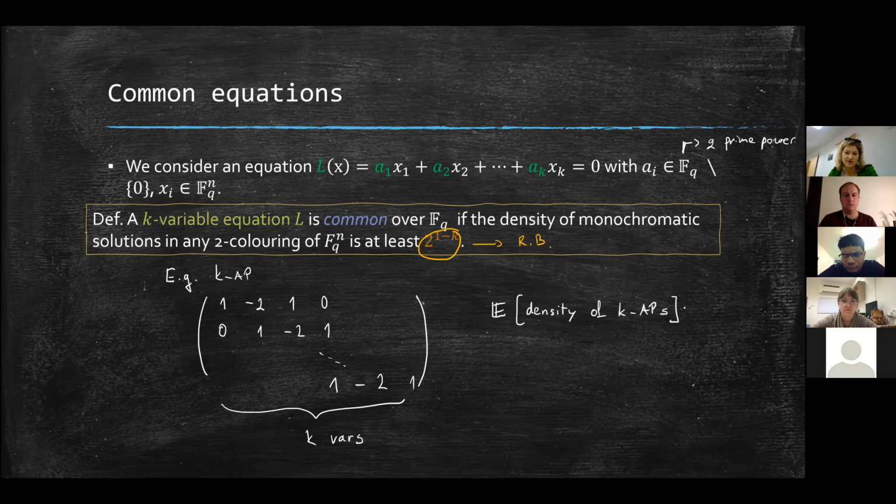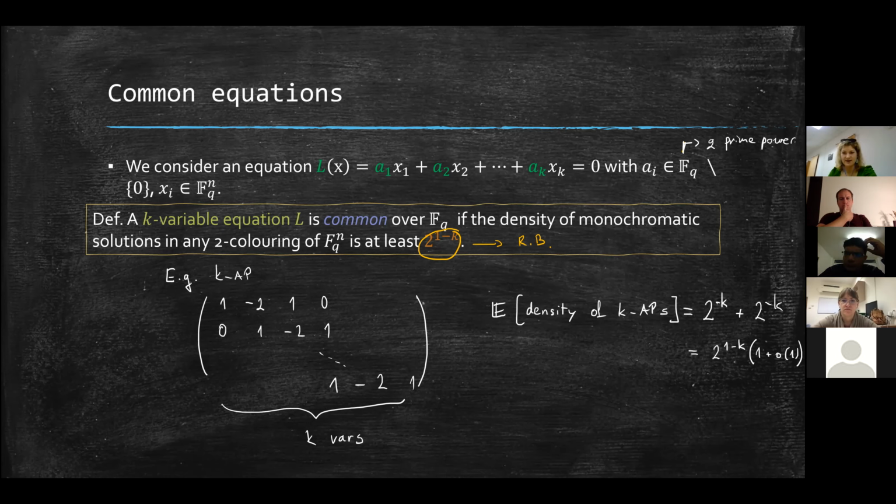So it's just the way we had it with graphs. For each fixed k-term arithmetic progression, the probability that it's red is asymptotically 2 to the minus k, and the probability that it's blue is also 2 to the minus k, which then in total gives us an answer 2 to the 1 minus k. And if I want to be completely rigorous, I'll add a little o(1) term, as n tends to infinity.